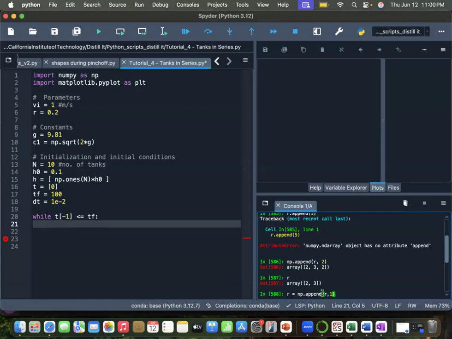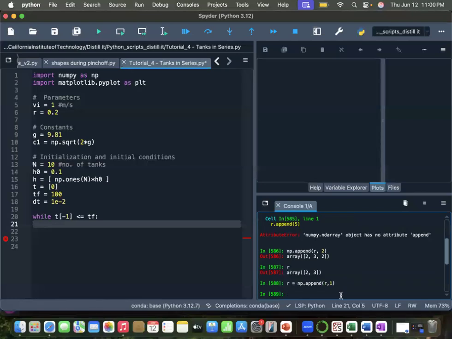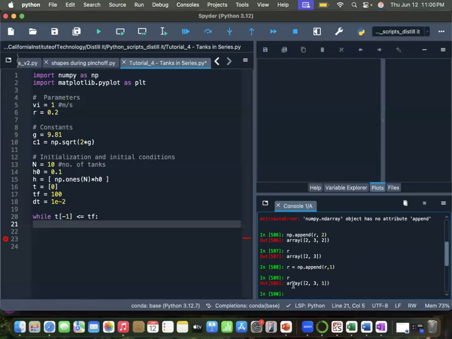So what this would do is this would append the element 1 to the array R, and after that it would store the new array that it has created in the variable R. So now the R would be replaced, instead of the array 2 comma 3, it would store 2 comma 3 comma 1. So now that's the new array over here.